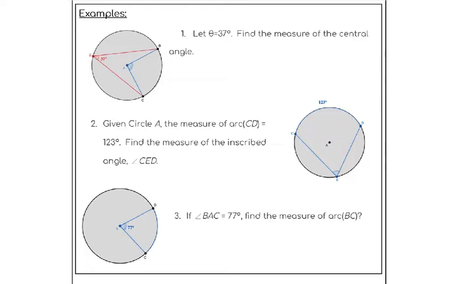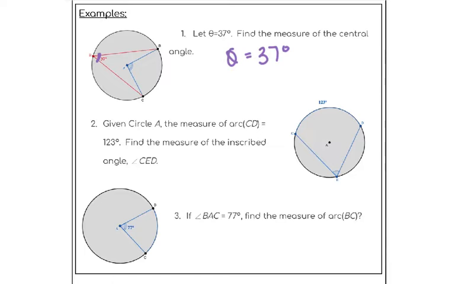So let's do some examples. I want you to pause this here and see what you get, and then I'll put the answers up here. I want to see if you got them correctly or what you need work on. So on the first one, we know that this angle here, what we're considering as theta, is 37 degrees.